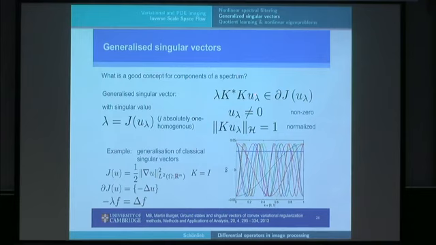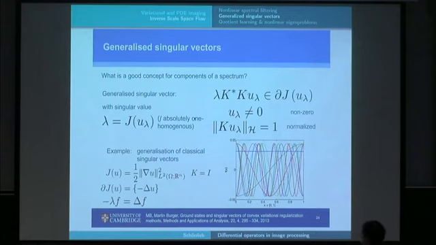I want to consider only the non-trivial cases, so u lambda not equal to 0, and I'm normalizing just to get rid of this additional degree of freedom. I'm normalizing with respect to k. And then I call u lambda the eigenvector, or the singular vector, of j with respect to k, and I call lambda the corresponding eigenvalue, which is just the regularizer j evaluated in u lambda.